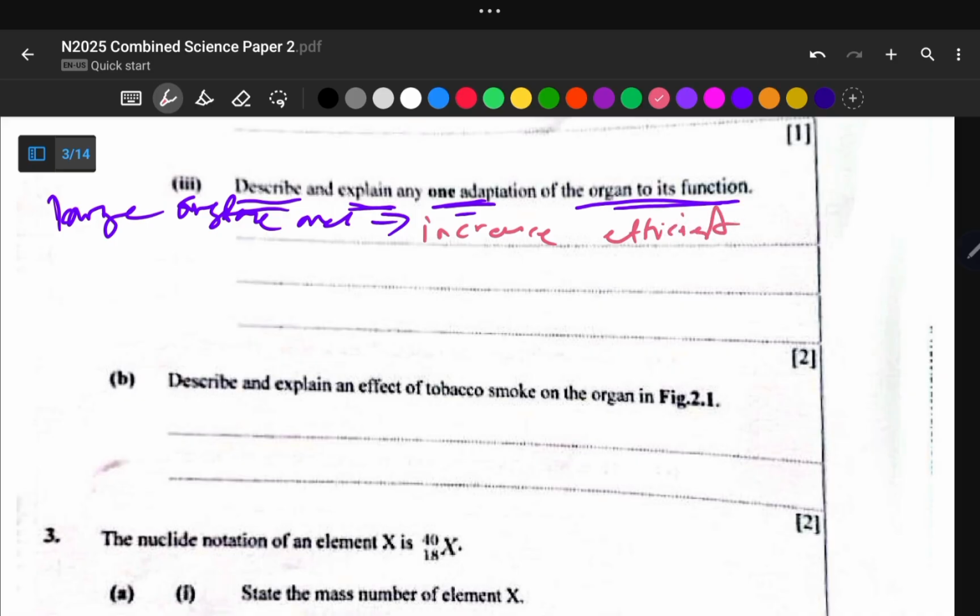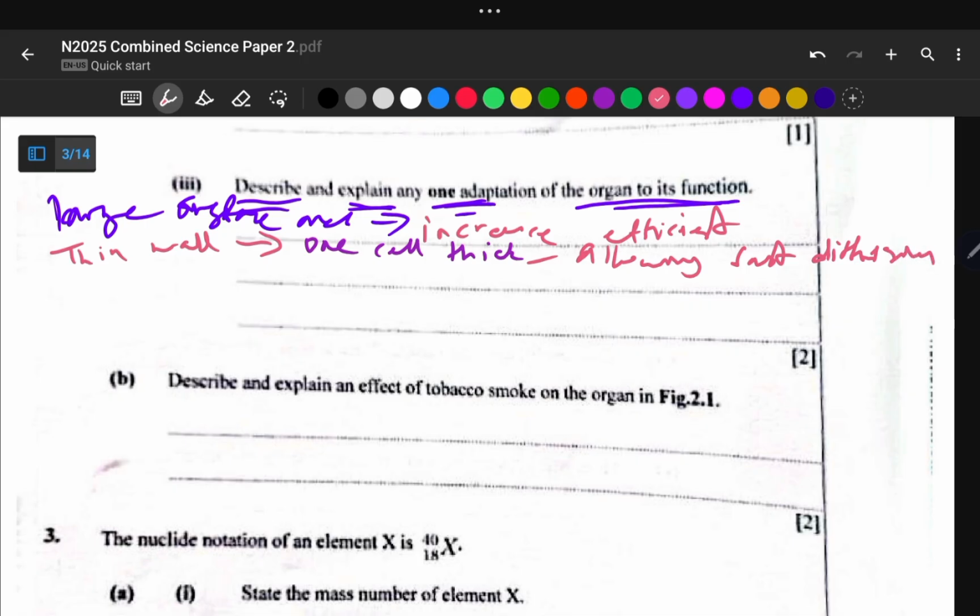And then we go on: their thin walls for easy diffusion of gases, one cell thick, right? So in other words, one cell thick. Why? For allowing fast diffusion of gases.